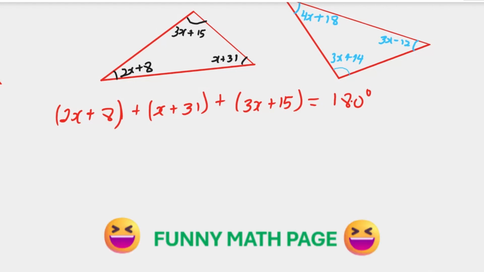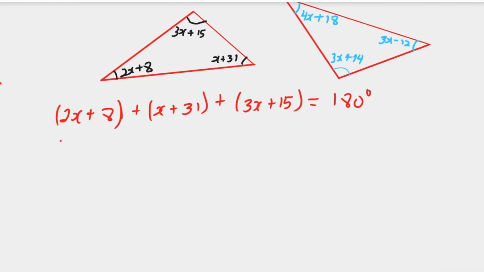So that's how I have to set up the whole equation. So I can just remove the brackets. When you multiply 1 by the terms here, we have 1 in front of all the brackets, so we're going to get the same thing. So we're going to get 2x plus 8, plus x plus 31, plus 3x plus 15, equal to 180 degrees.